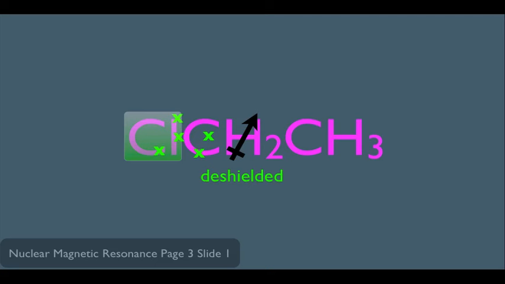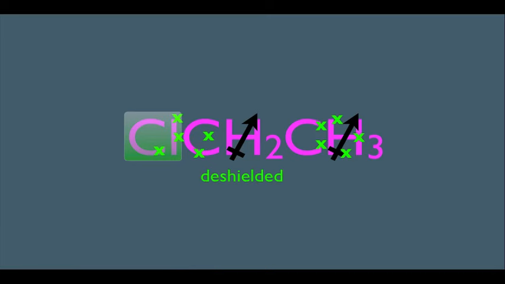Compare this electronic environment to these hydrogens right here on the end methyl. Again, let's say this happens to be their magnetic orientation. And let's say these happen to be the electrons that surround them. If you remember correctly here, electronegativity is a local effect. For instance, as you see in this diagram, the electronegativity would only extend to this green bubble here. So any electrons in that vicinity will be sharply moved to the Cl.